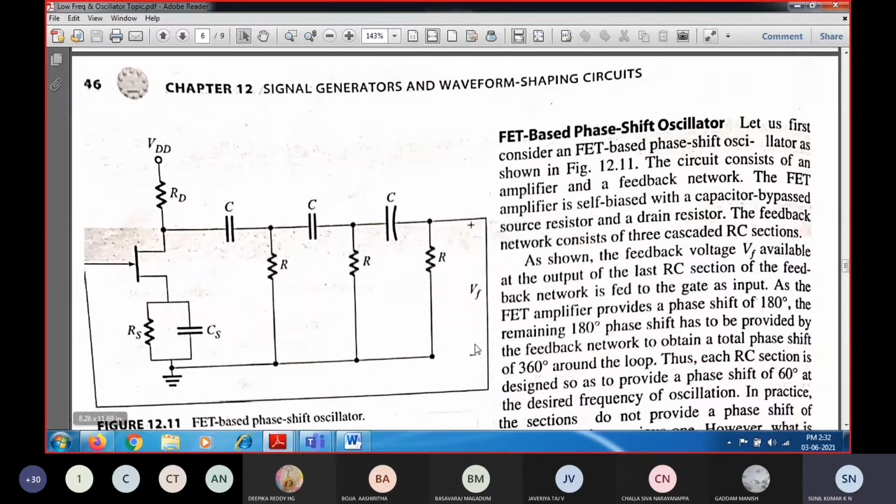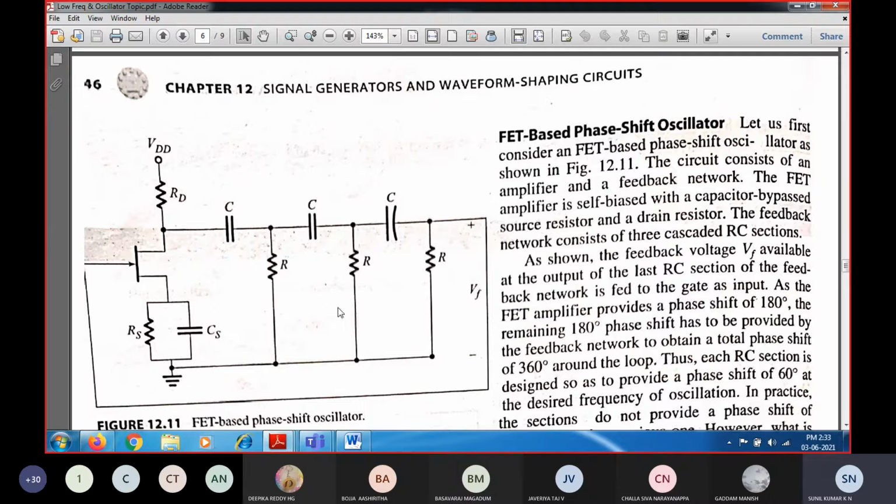Using passive components like R and C, you can get a frequency of oscillation of less than 100 kilohertz, not greater than 100 kilohertz. That means the phase shift oscillator you are going to use will operate only for low frequency operation, less than 100 kilohertz.